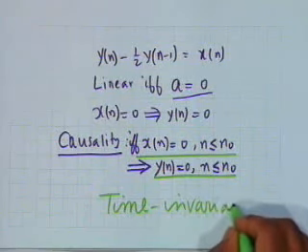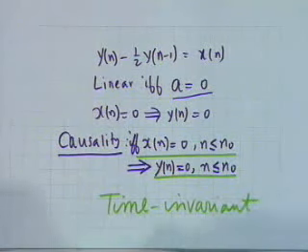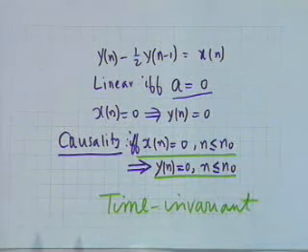That is, a system in the initial rest state implies linearity, causality, and also time invariance. In most of the practical cases, this is the type of system that we shall be concerned with.